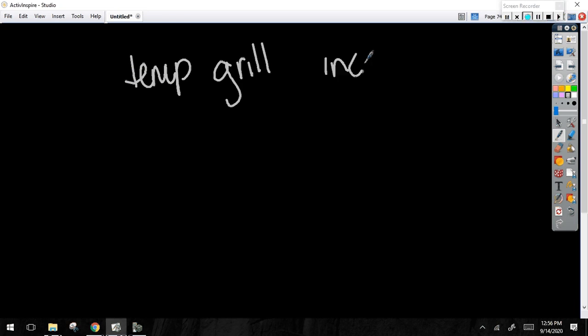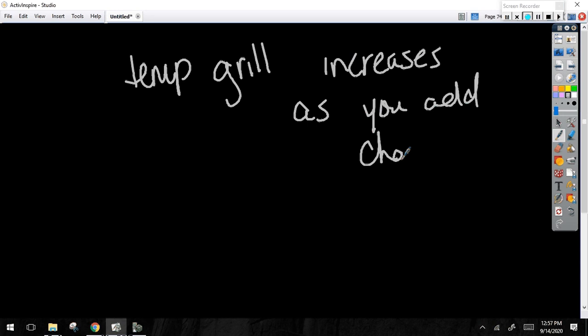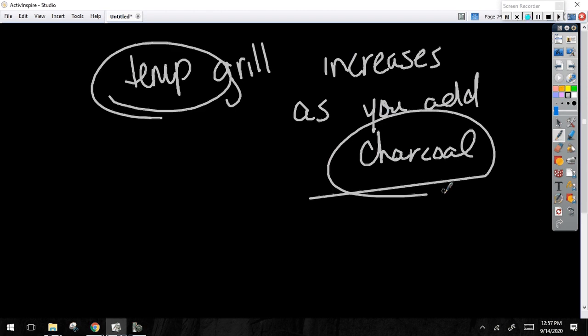Okay, so how about the temperature of your grill increases as you add charcoal? What are the two variables? The temperature and the charcoal, right? Which one's independent and which one's dependent? The temperature is dependent on the charcoal.